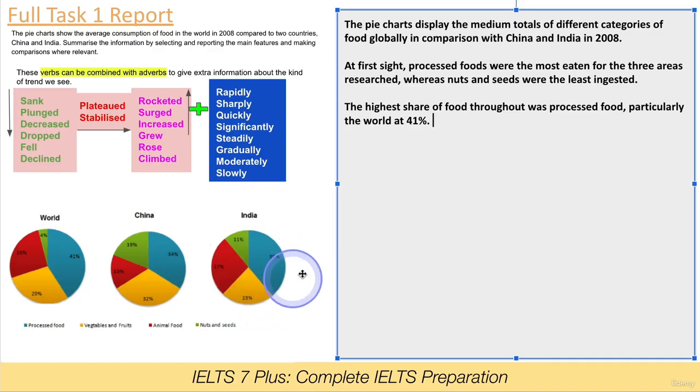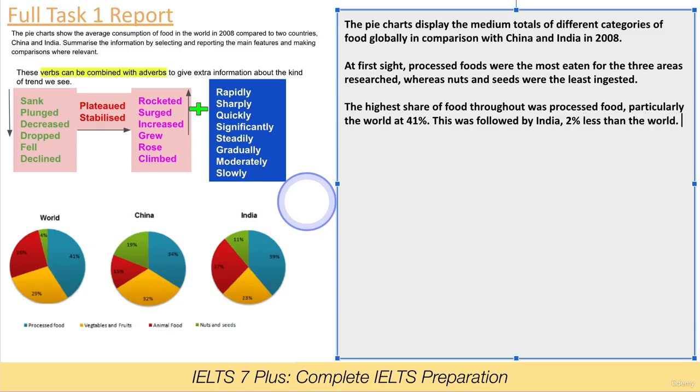Let's see, we could talk about India being 2% lower than the world. This was followed by India, 2% less than the world. We don't have to report on every feature, and we can report it in different ways. So I'll show you how we can do it a bit differently.